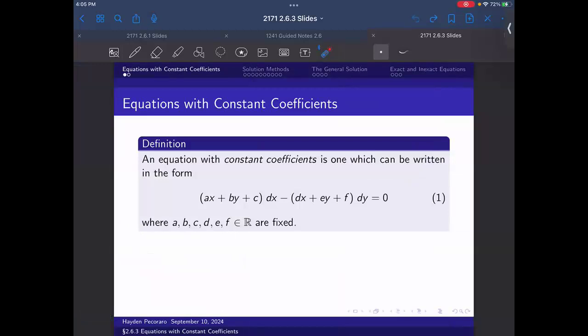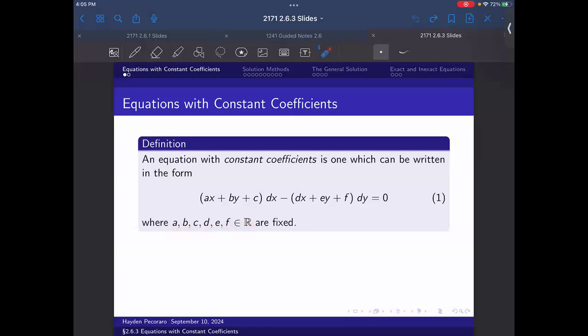Well, it's one that can be written this way. And this looks a little weird. I think we might have seen this sort of form before, where we separate the dy dx as a fraction. And we have these two coefficients here. So the constant coefficients part in this type of differential equation is referring to these real numbers.